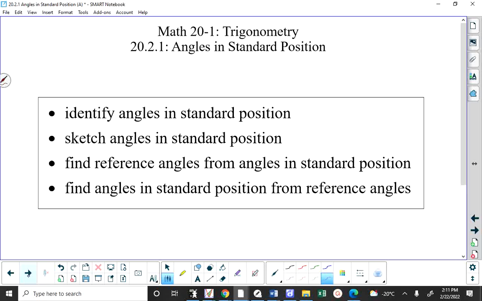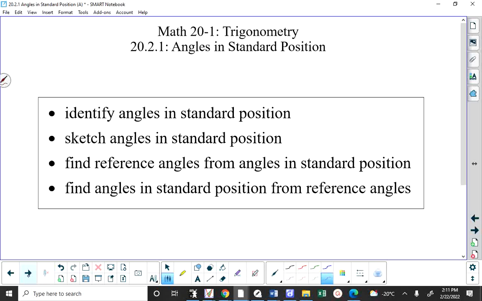If we take a look at the objectives, you have to be able to identify and sketch angles in what are called standard position. And then if you look at the other two bullets and you read them carefully, you'll understand that there are two types of angles we're learning about today. One is called a reference angle and one is called a rotation angle.